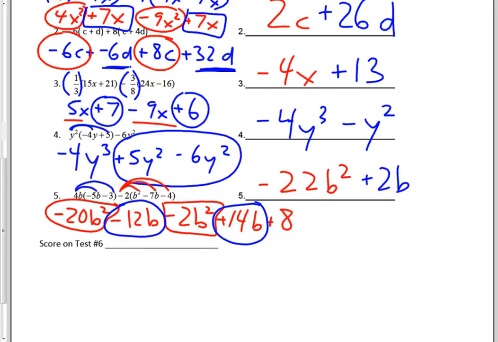Apples, oranges, and grapes. How many grapes do I have? 8 grapes. It's all fruit. Can you see what you did wrong? You will see those last 3 sections on the next test. Properties, like terms, and then distribution.